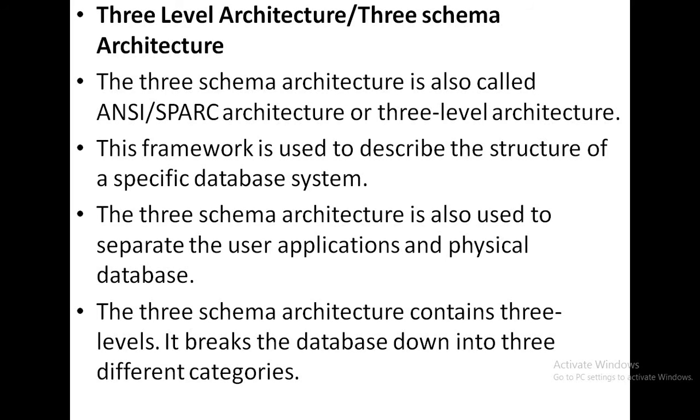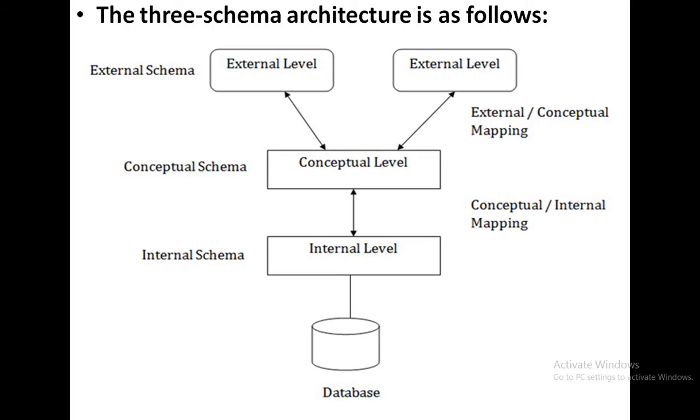So, what are the three categories? This is the diagrammatic representation of the three-level architecture. First is the external schema or external level. Next is the conceptual level. Third one is the internal level.